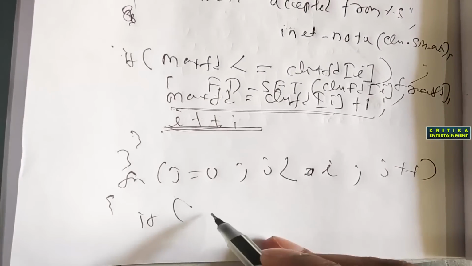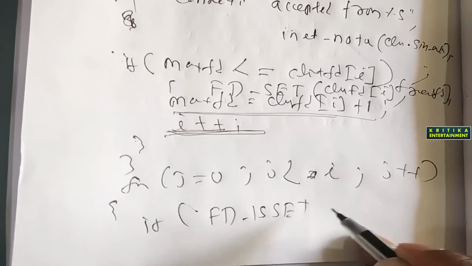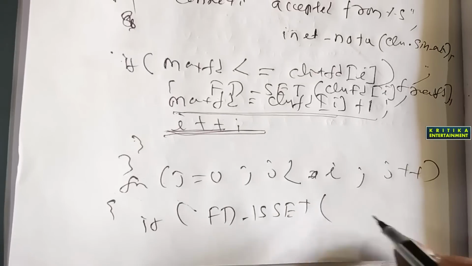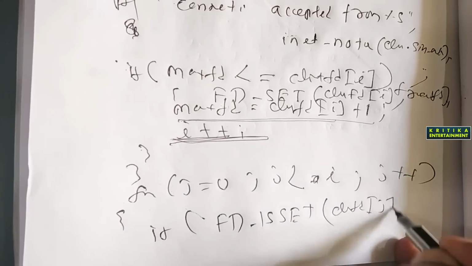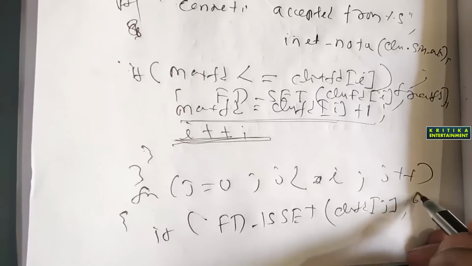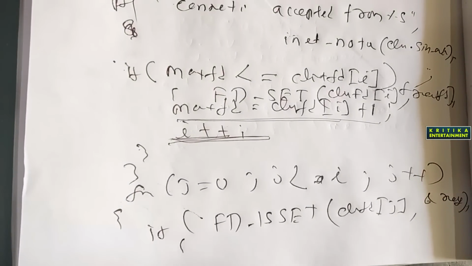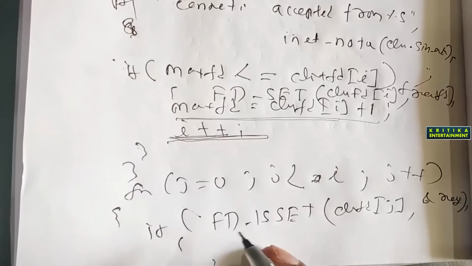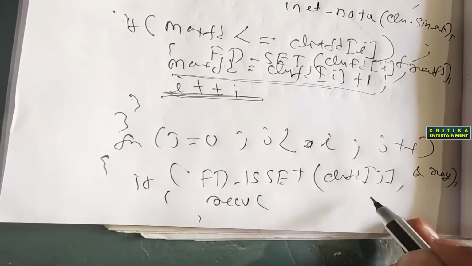If FD_ISSET, and what will I check? Now client FD j from the read FD set, ampersand read FD set. Then if there is some data, you can use inside it the receive function to read the data.